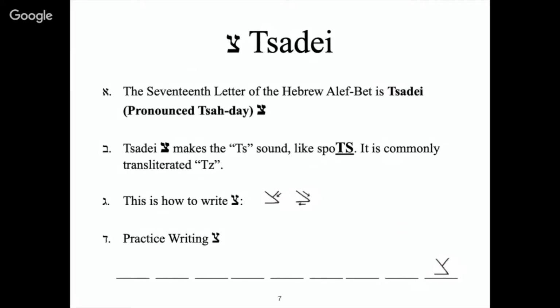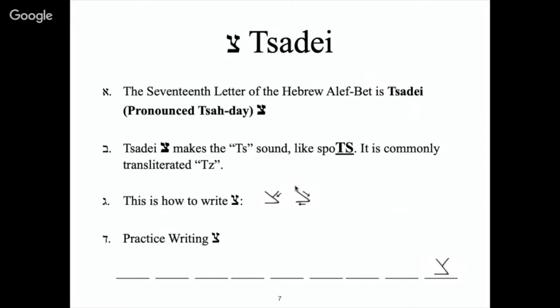Tsadei makes the ts sound like spots, and it is commonly transliterated TZ. Sometimes you'll see people have it with the English TS, but most of the time you will see it with TZ. So for example, in my name, Tirtza, the tza sound is a Tsadei.